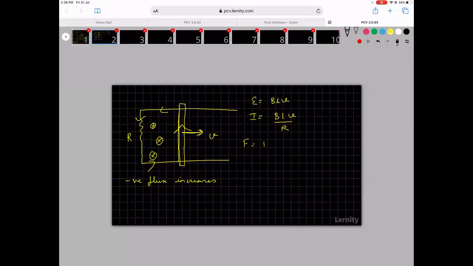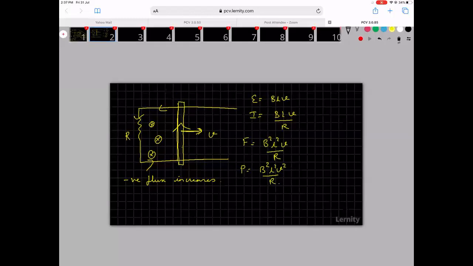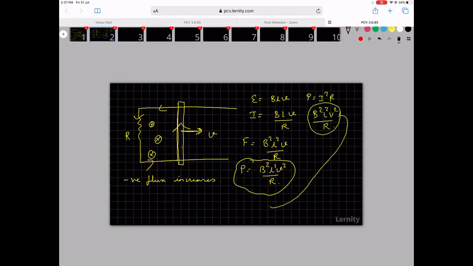So F is equal to B square L square V by R. So power is equal to B square L square V squared by R. Power is also equal to I squared R, which is B square L square V square by R. This power is equal to this power.